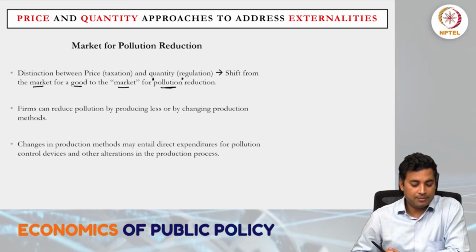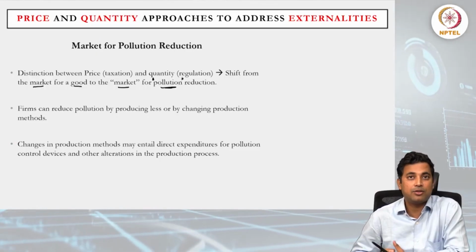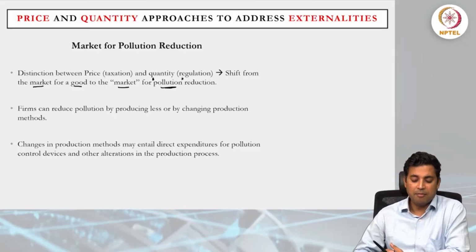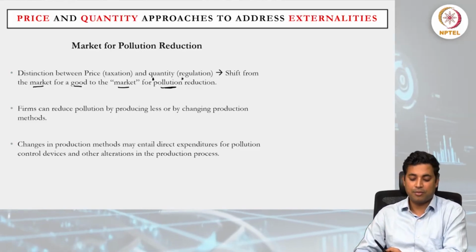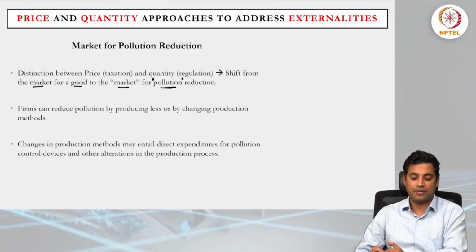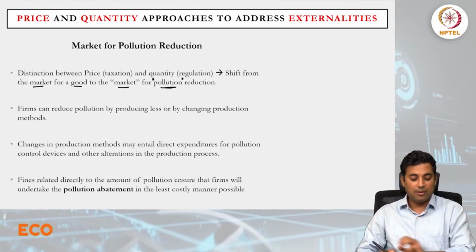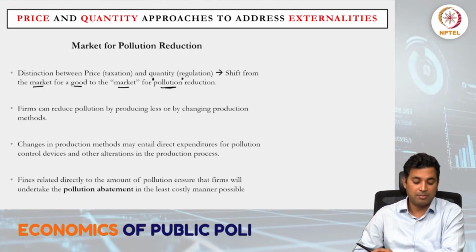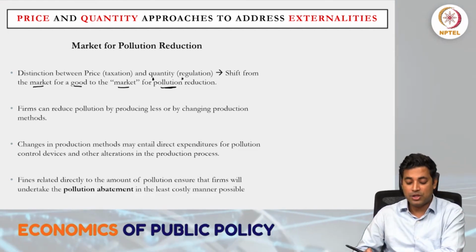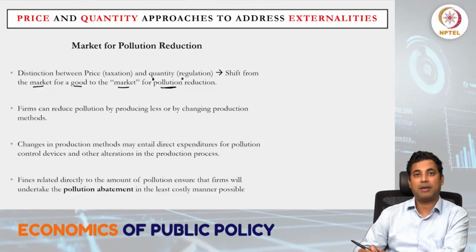When we say that firms can reduce pollution by producing less or by adopting new technologies, changes in the production methods may entail direct expenditure for pollution control devices or some other alternatives in the production process. This is what we are trying to mention. Now fines can also be imposed, but fines related directly to the amount of pollution ensure that firms will undertake pollution abatement in the least costly manner possible.